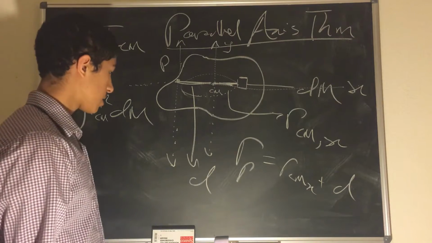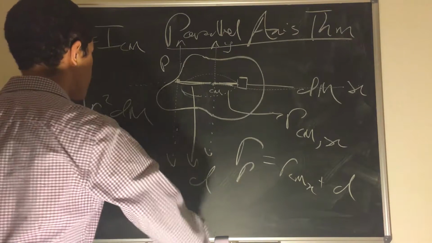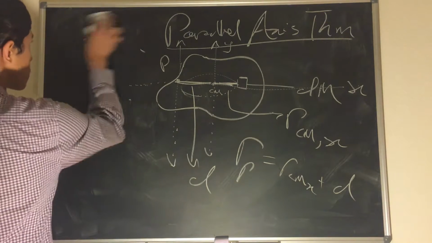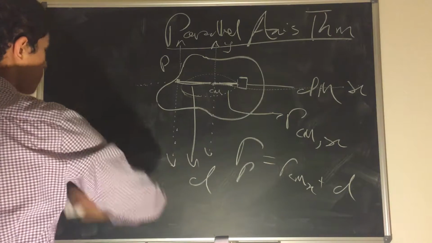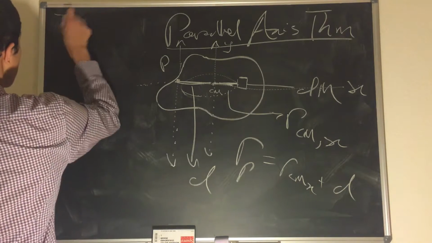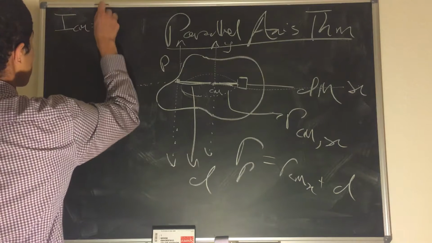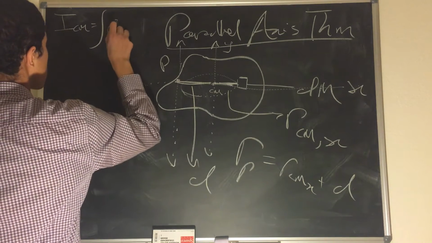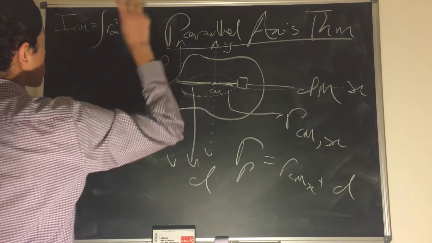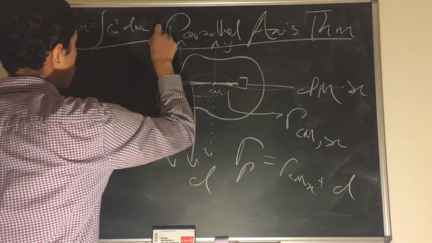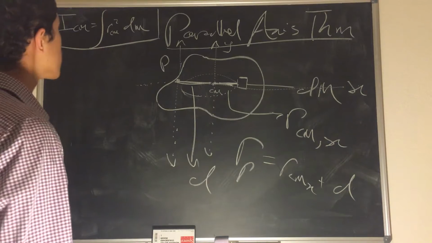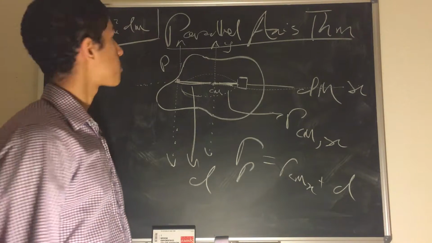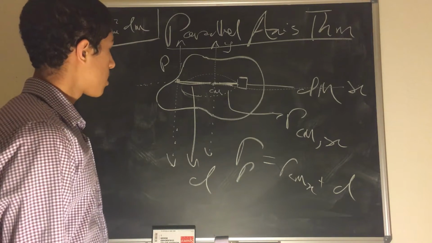Let's remember this, and let's write it smaller so that we have a little more room to work with on our blackboard. So I_CM is equal to the integral of r_CM squared dm.